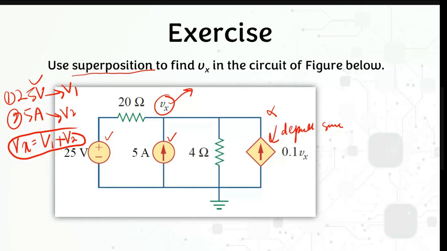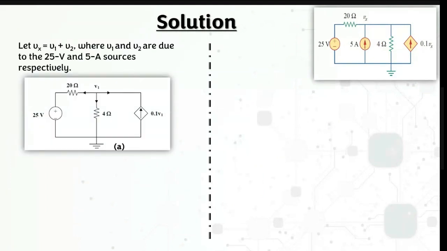All right, so you have this circuit. Let's say Vx is equal to V1 plus V2, where V1 is coming from this 25 and V2 coming from this 5 ampere source. So let's say we want to calculate the value V1 from the 25 volt source.